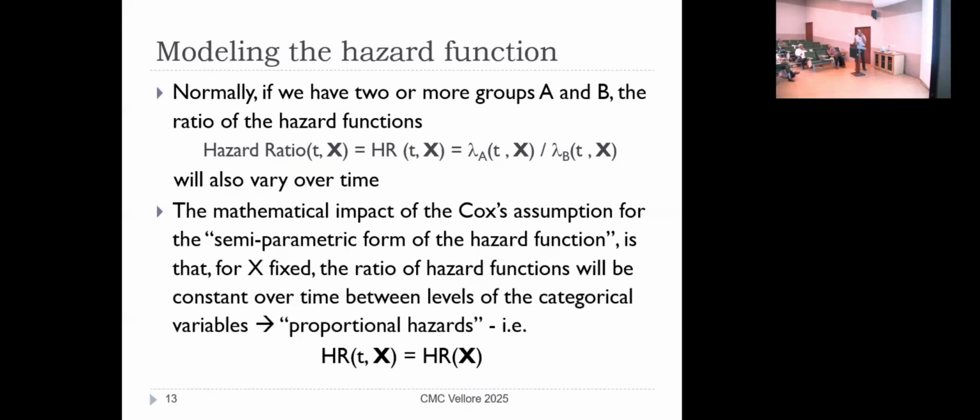But the mathematical impact of Cox's assumption for this semi-parametric form, by saying that your hazard function follows the specific product formulation, is that when x is fixed, the ratio of hazard functions will be constant over time.